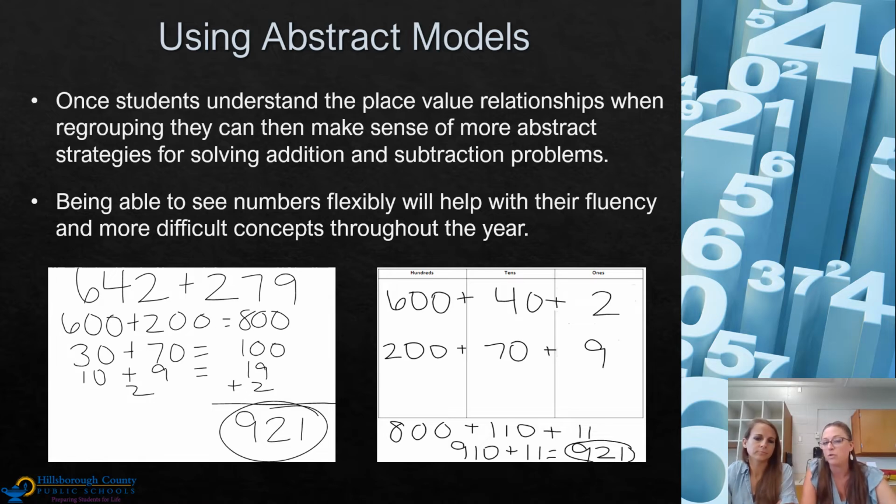The model on the right is those same numbers used in the previous representational model, but now they're just using numbers. The model on the left, the student was able to break apart that 642 flexibly to add easier.